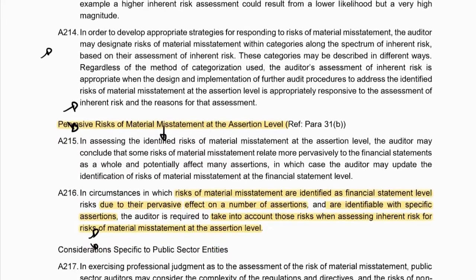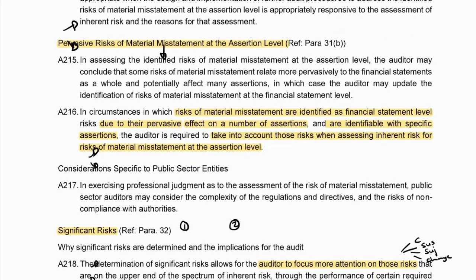And then we have to look if there are any risks that pervasively affect that assertion. So guys, once I've assessed the information applicable to that account balance or class of transaction and found all the risks there, and I still need more, then this paragraph tells me I need to go and see if there are any risks at a financial statement level that I can then bring down to the applicable assertion.